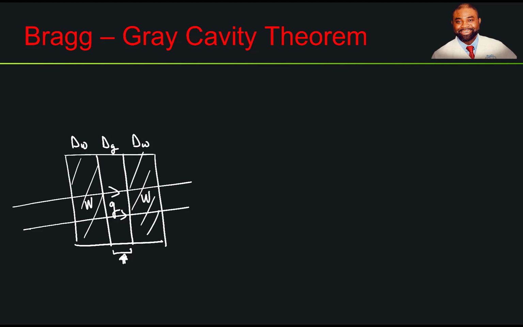And if this is true, then we can assume that the number of charged particles entering G is equal to the number of charged particles leaving G. And if statement 1 is true, then we can assume that the absorbed dose in the cavity is deposited entirely by the charged particles crossing it.